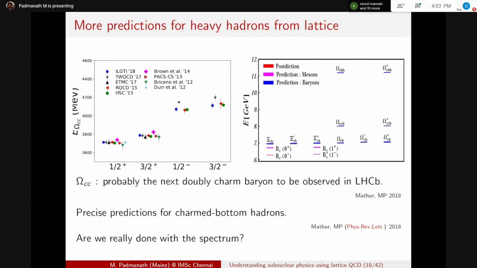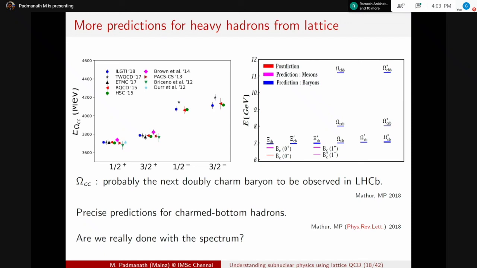In the measurement, we use an overlap fermion. For example, if you look into the omega CC, you have quark flavors charm and strange. So we had to tune the charm and strange quarks. Charm is tuned by eta C, and the strange is tuned by something called the eta S.